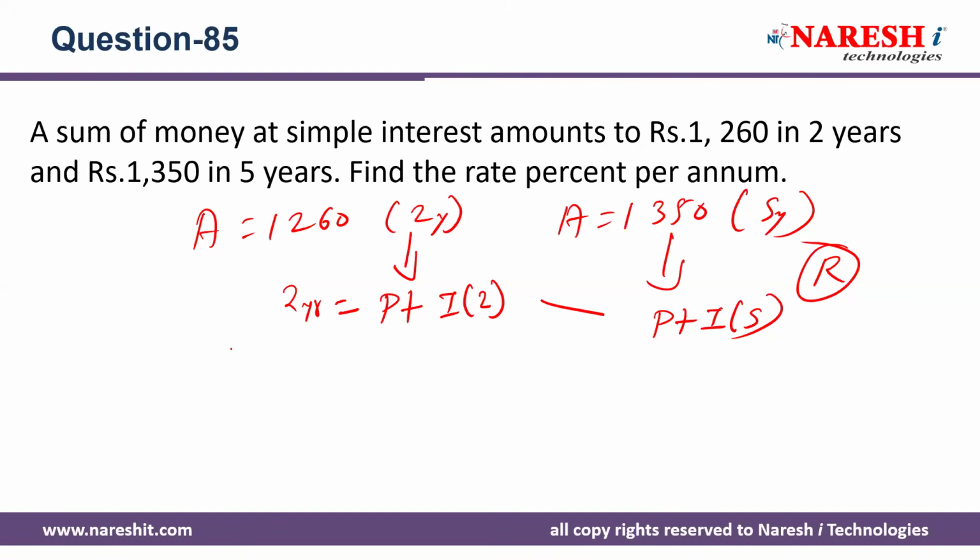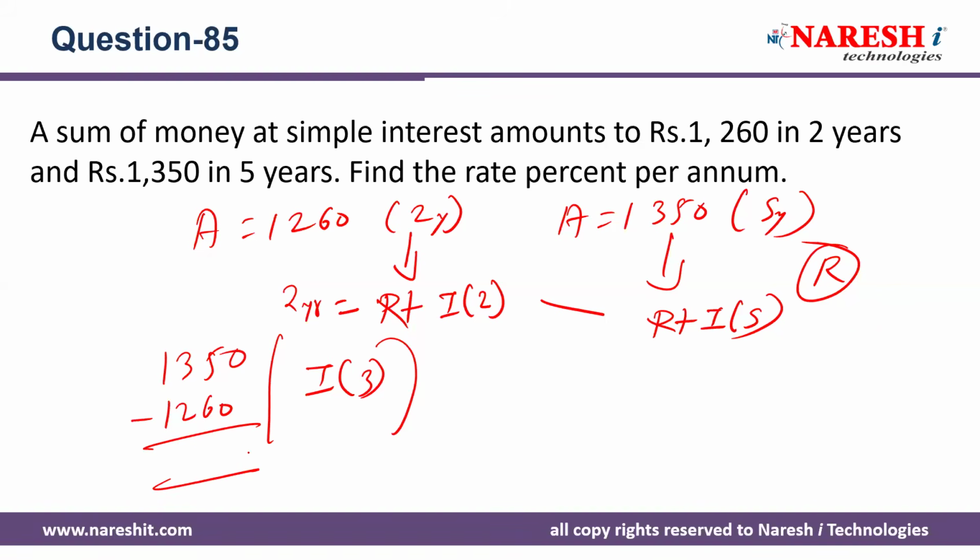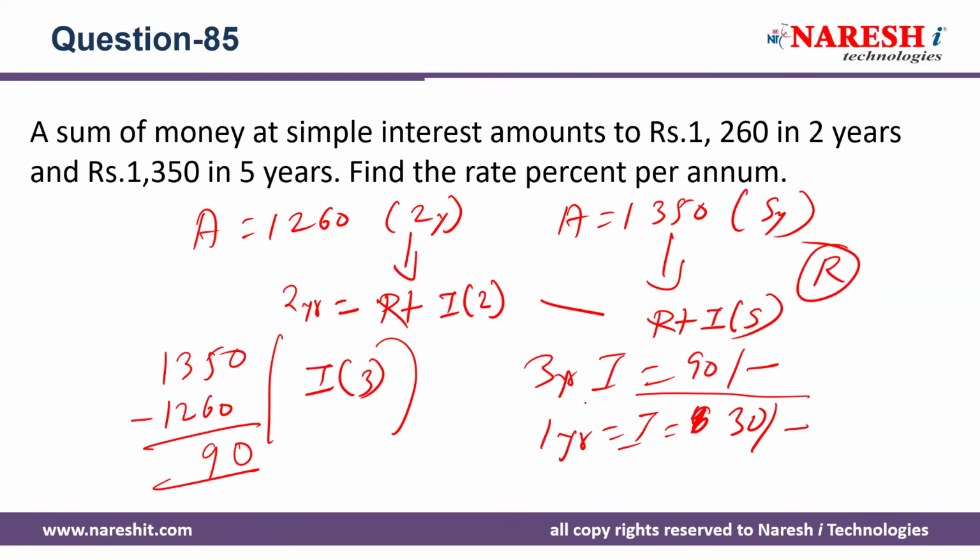If I subtract both, that is 1350 minus 1260, the principal cancels. I will get the interest for 3 years. So what interest am I getting for 3 years? 90. So for 3 years, interest is 90 rupees. For 1 year, interest will be 30 rupees.